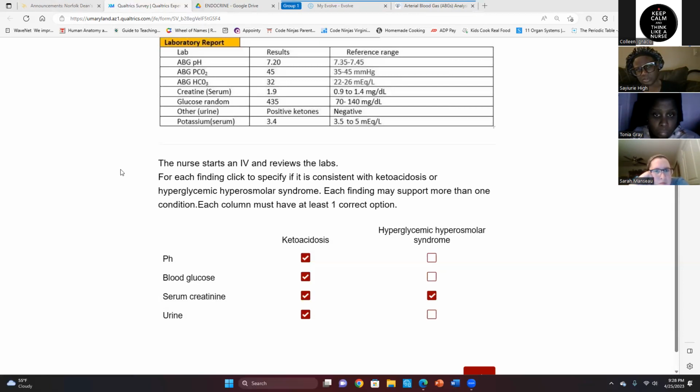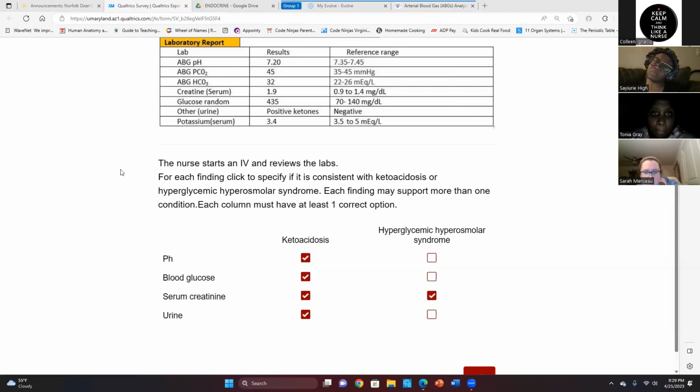It's a hyperosmolar state, which leads to fluid and electrolyte losses. What are the contributing factors? Acute illness, like surgery, infection, stroke, and medications that exacerbate hyperglycemia, such as thiazide diuretics. Treatments such as dialysis can also contribute, and you should see the handout in the chat.